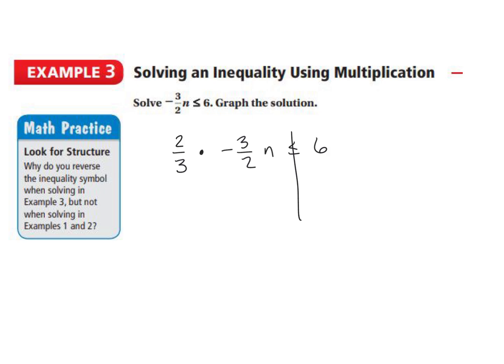And because this is negative, to end up with a positive n, I need to multiply by -2/3. And I'm going to do that to both sides. Here's where our siren should go off: if you ever see yourself multiplying or dividing by a negative, automatically we are going to flip our sign.